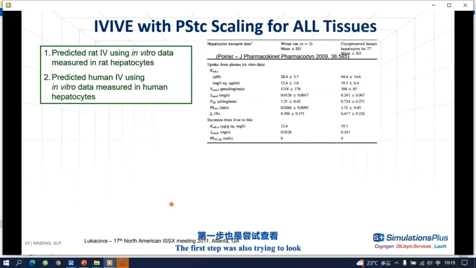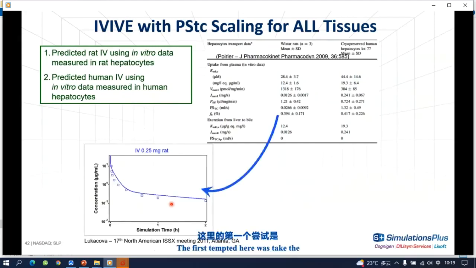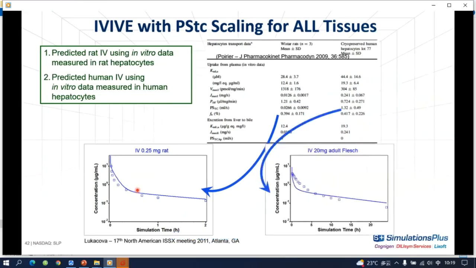So the first step was also trying to look at the predictions based on the in vitro and animal data. So the first step we did here was take the in vitro measures of the transporter Km and Vmax values, predict the PK in rat. Worked beautifully. So we knew we can go ahead and do prediction for human. Wasn't as perfect, but still very good first in human prediction.